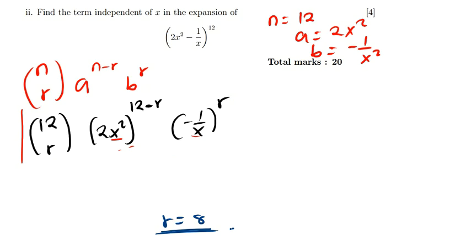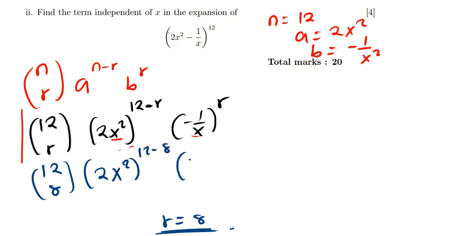I'll say 12, my r now is 8. Then I'm going to say 2x squared to the power 12 minus 8, then negative 1 over x to the power 8. So we are saying r is 8, I can now get rid of this.